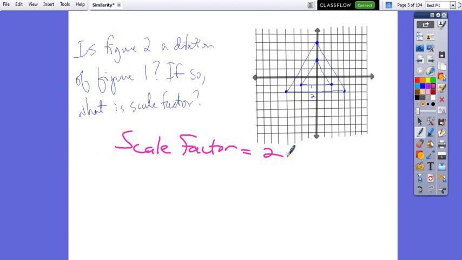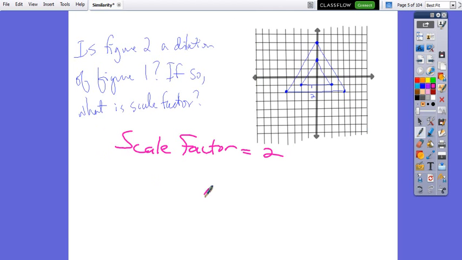Now, we would have to be a little more technical if we're going to prove this. In other words, to prove this, I would need to know that each side length is double figure 1. And I would do that by using what's called the distance formula. Now, I don't want to get into the distance formula right now, but y'all learned it last year, right? Y'all remember it?